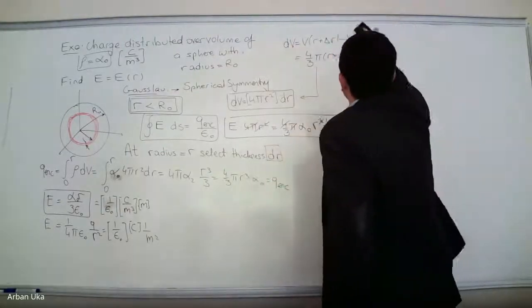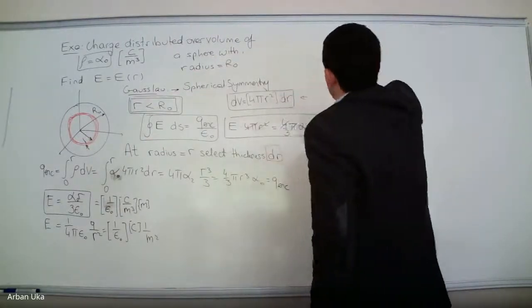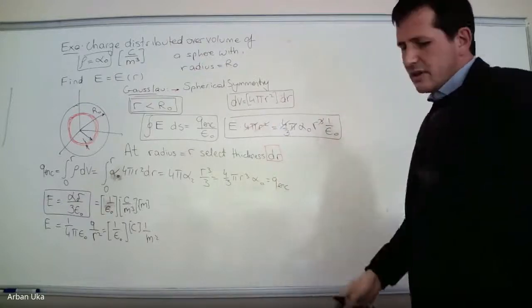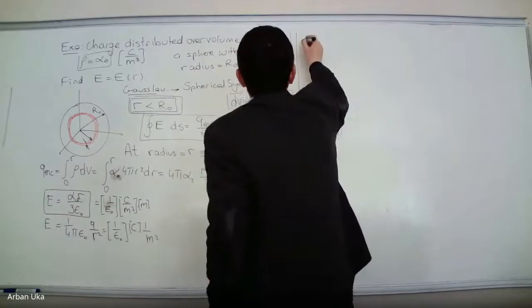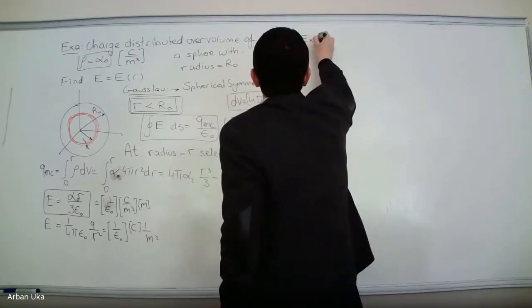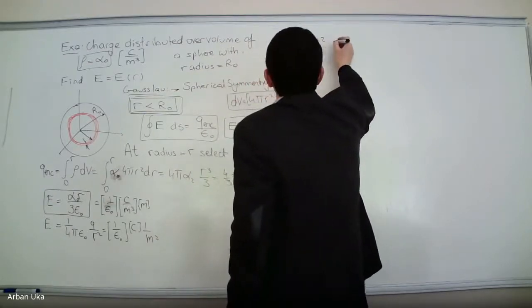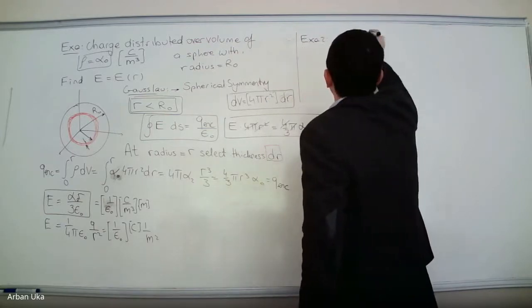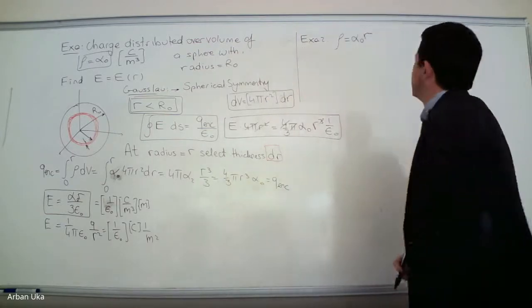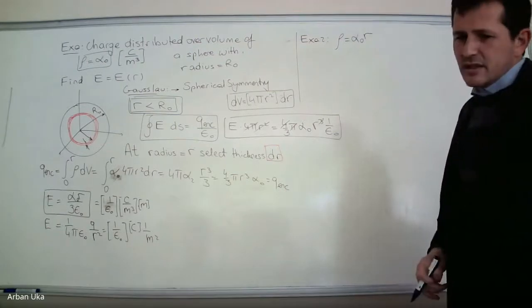Let's think for a moment about another charge density, example 2. Let the charge density rho equal alpha 0 r, okay? And this is the density over the volume.